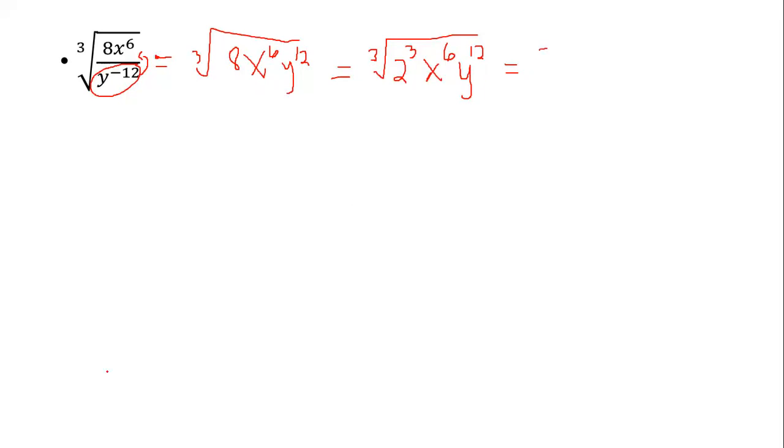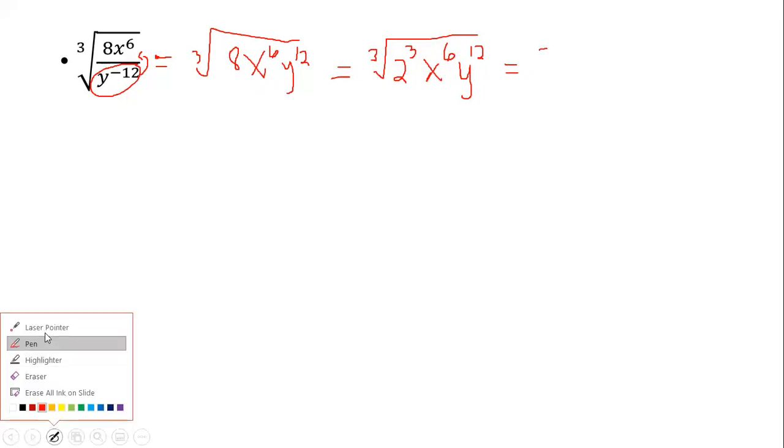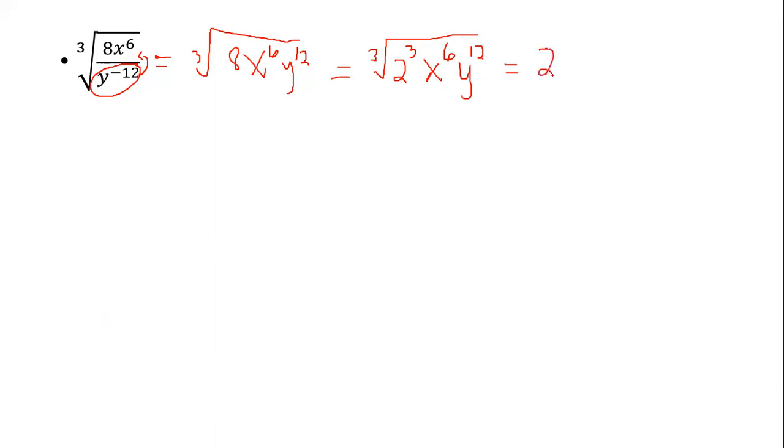So we have, tama pala, 2. So 3 divided by 3 equals 1. Yung x naman, 6 divided by 3 is 2. Y, 12 divided by 3, that will become 4. So ayan po. Yan na po yung sagot. Huwag na po tayo mag-expect ng mas mahaba pang solution dyan.